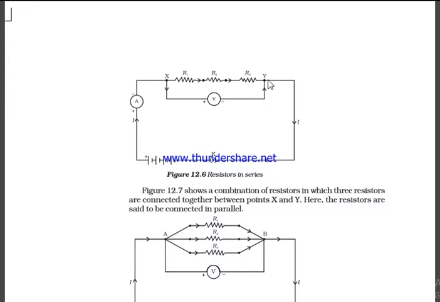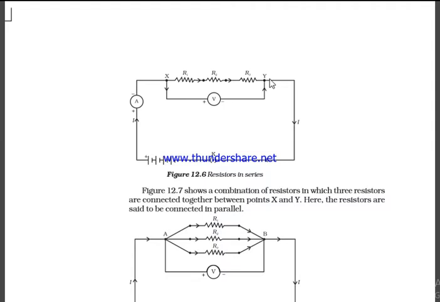Whatever amount is flowing into this particular pipe, the same amount will be flowing out of this point.